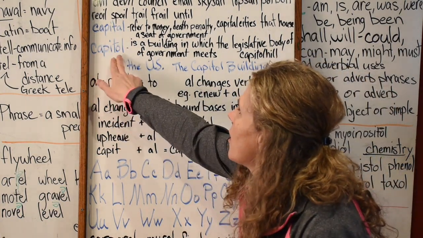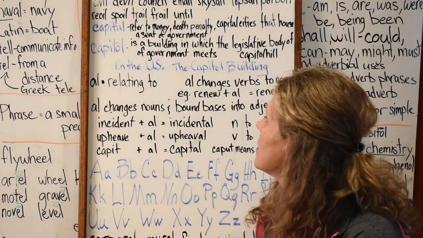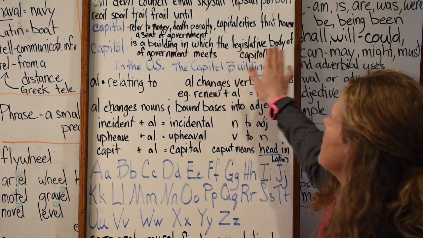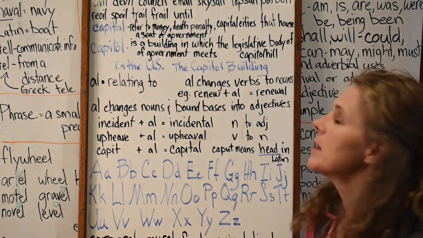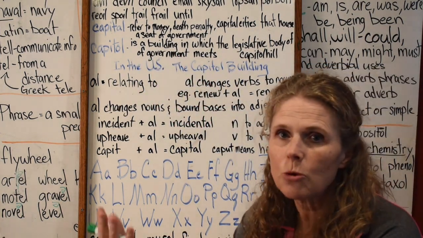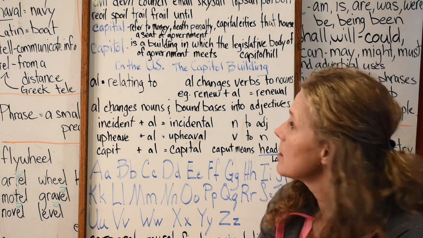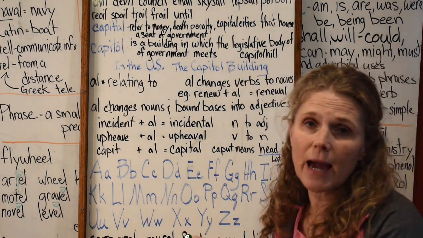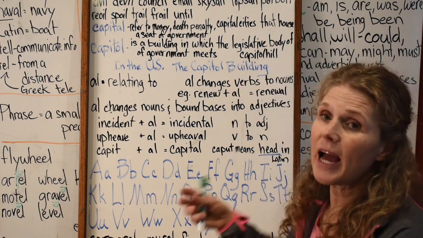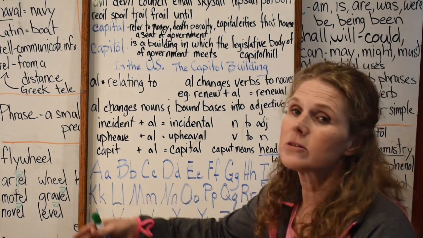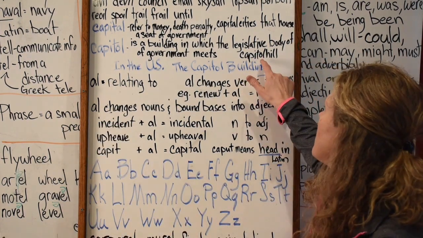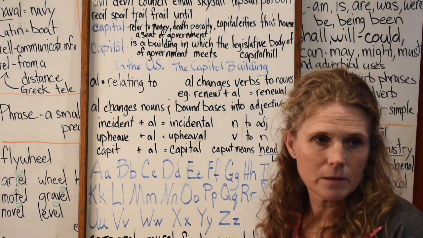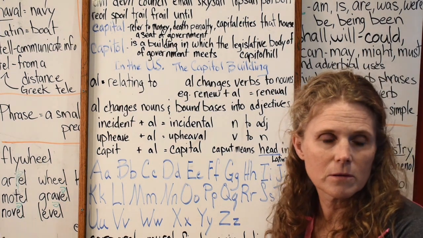But this with an OL is a building in which the legislative body of government meets. So if you think about that, it's the actual building. Okay? And when you want to say Capitol Hill, the actual building is on the hill, so you spell Capitol Hill with an OL. So, like, would a courthouse be one?